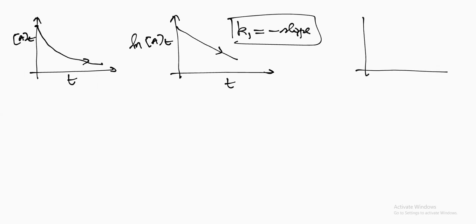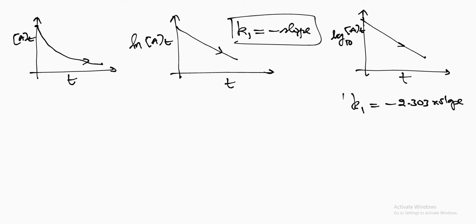Now if I plot log base 10 A_t versus t, see the difference, you will get a straight line with a negative slope. Here k1 can be calculated by multiplying minus 2.303 times slope. Okay, see the difference.